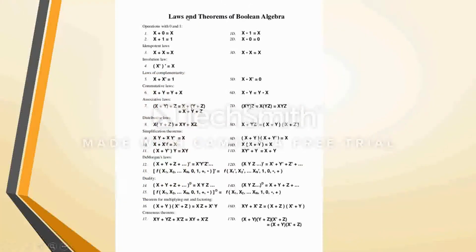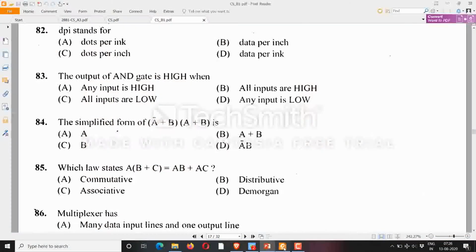Have a look at this. These are also very important laws. If you look at the question paper, they have asked one question: the simplified form of a bar plus b multiplied by a plus b is. This is nothing but your law, x plus y multiplied by x bar plus y is equal to what?